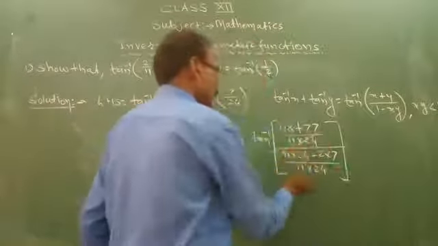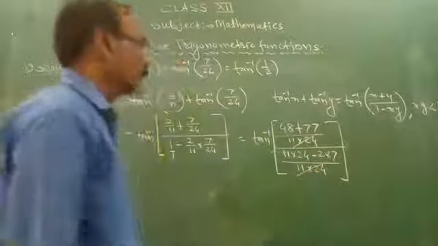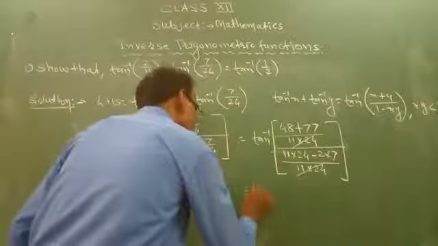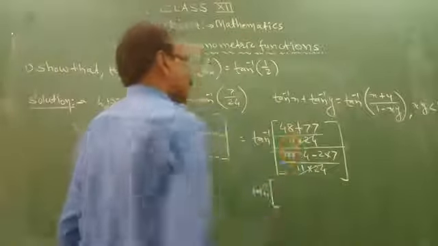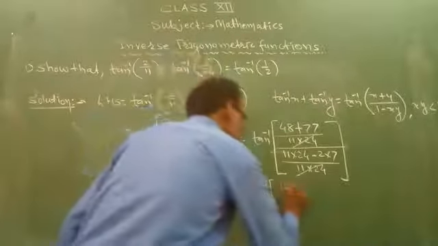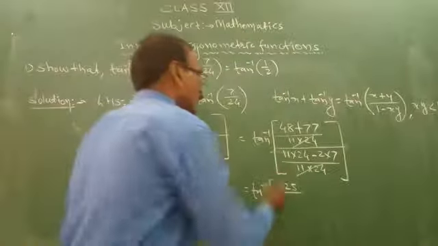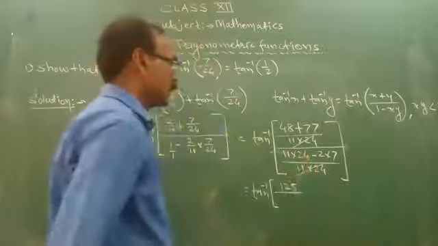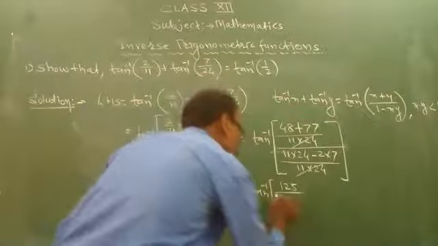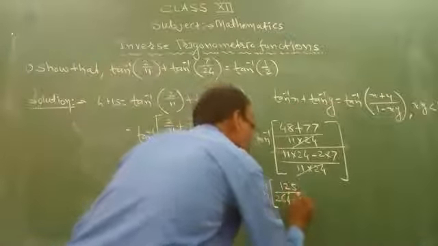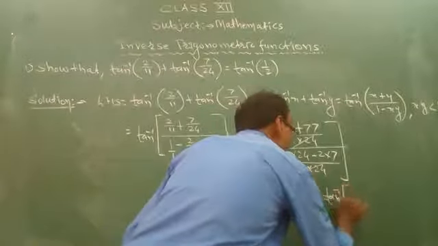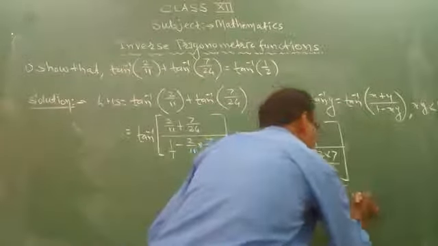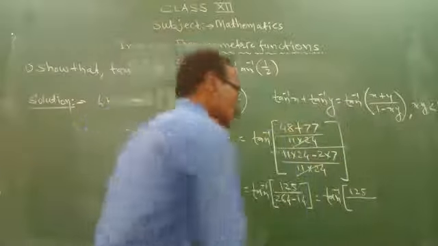So you can cancel this 11 into 24. So it will be tan inverse, so 48 plus 77, that is 125, upon this 24 into 11, that is 264. 264 minus 14, that is 250.